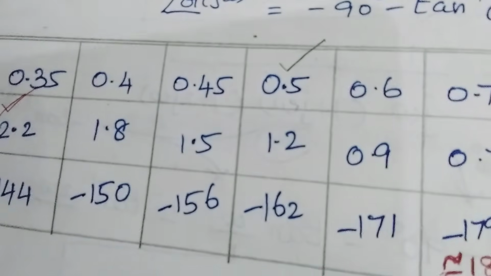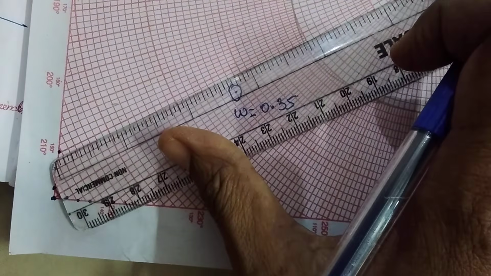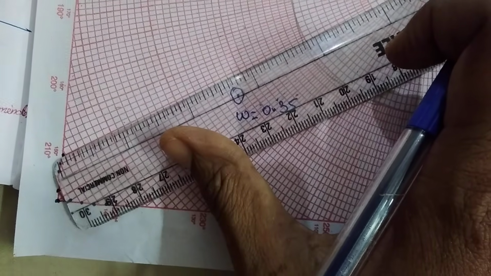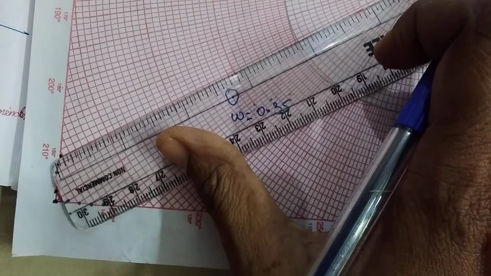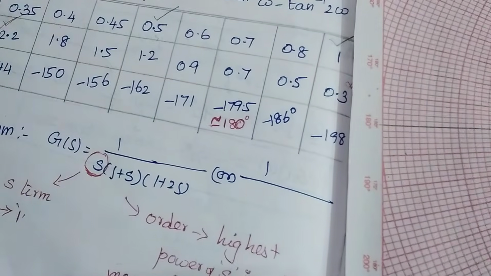Similarly, we do it for 0.4, minus 150. See here, minus 150 and the magnitude value is 1.8.